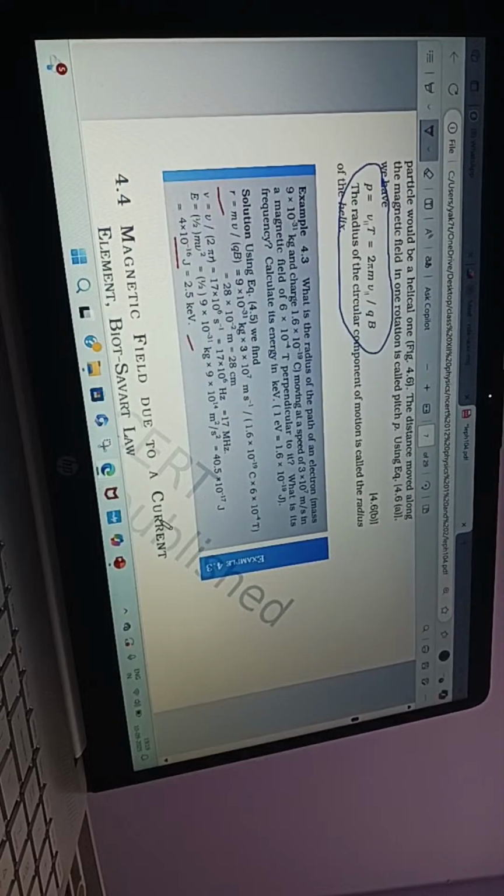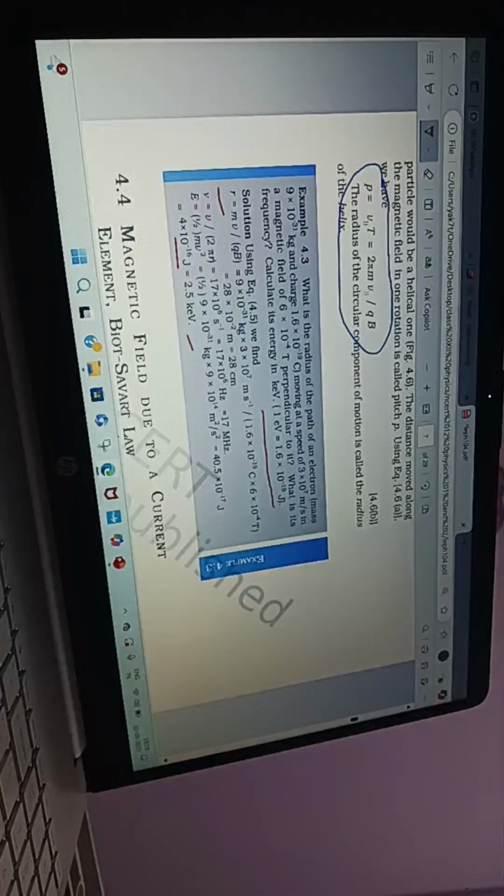Tell me what you should do for conversion. How did you get this, 1 electron volt? No, sir. 1 electron volt is what? Electron and volt. Q into V. Energy, because you have studied it already.